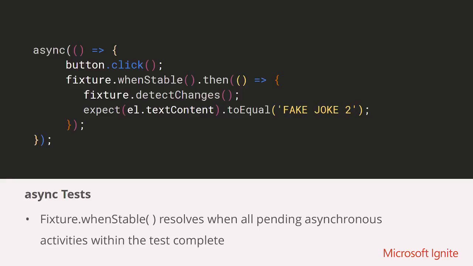That button click is going to do some asynchronous stuff. And when the queue of microtasks gets back down to 0, we know that everything that needs to happen has happened, and then we can do a round of change detection by calling fixture.detectChanges, and then we can do our assertion and know that everything's where it should be. So that makes testing our async code much easier.